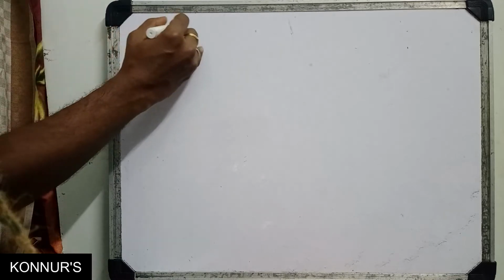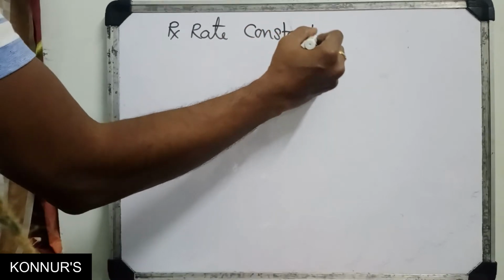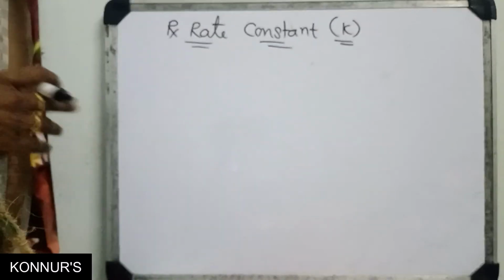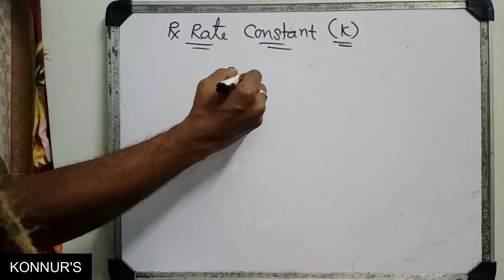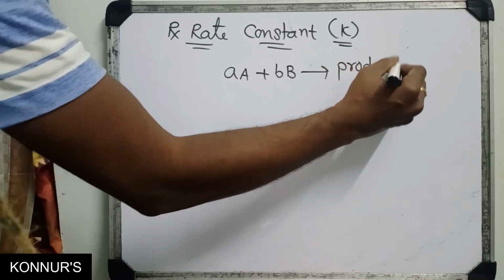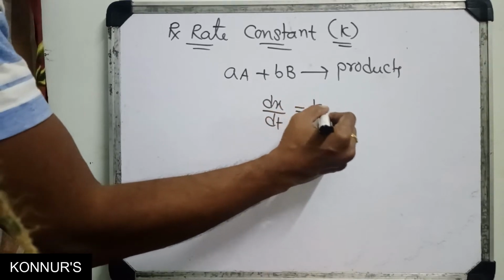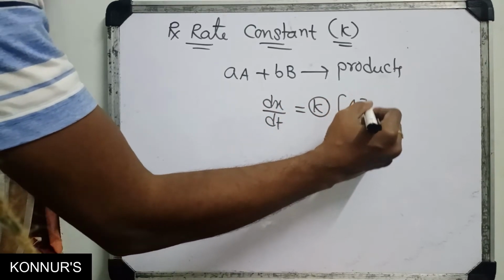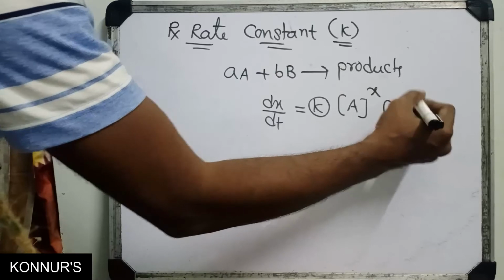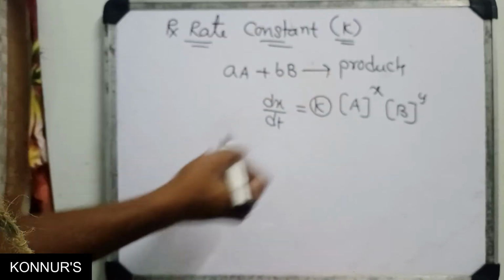Next, the reaction rate constant. That is the K value. We already saw, suppose aA plus bB gives rise to products. The reaction rate dx by dt equals K into A power a, B power b, where the powers may or may not be a and b. Anything can happen. This K is called the reaction rate constant.